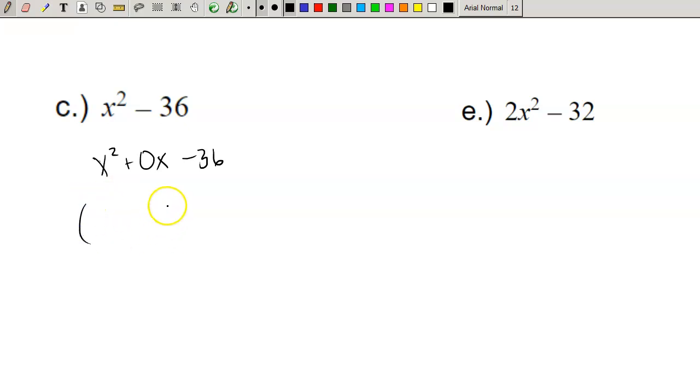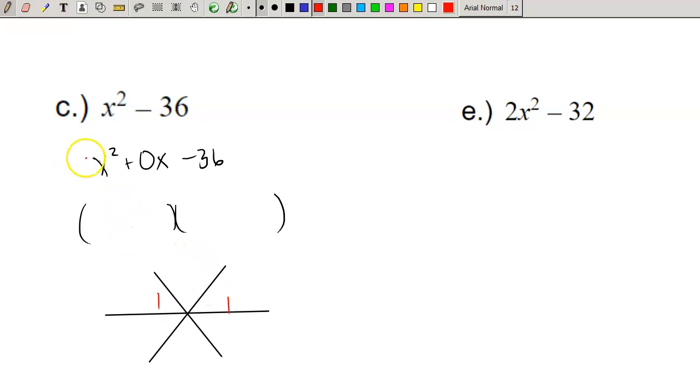We're going to try to factor this into two parentheses, and we can figure out these factors by doing the snowflake method, or whichever method you choose. But my a value is 1 and 1. My a times c value is negative 36.